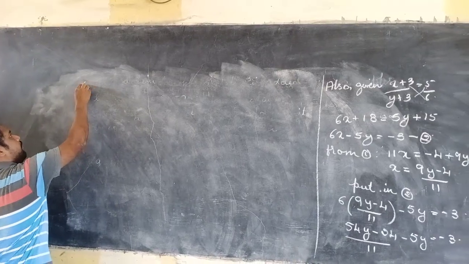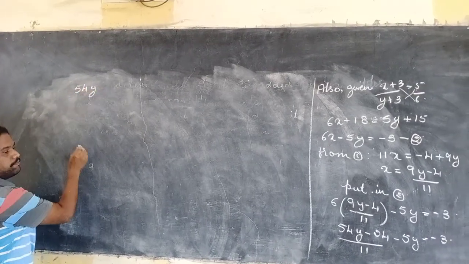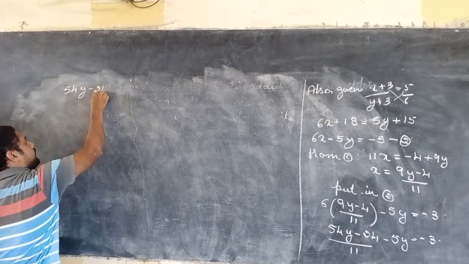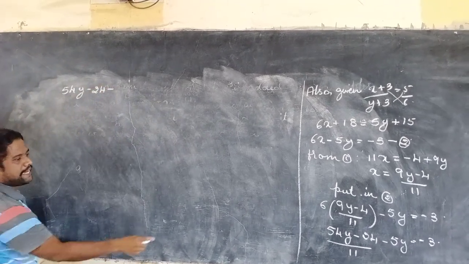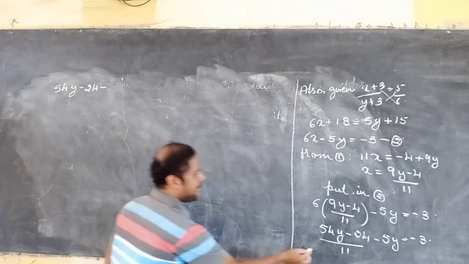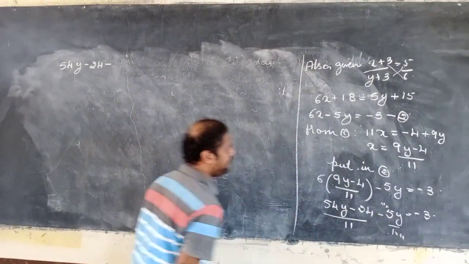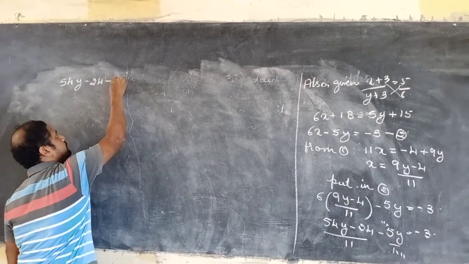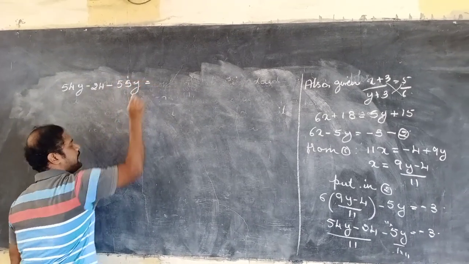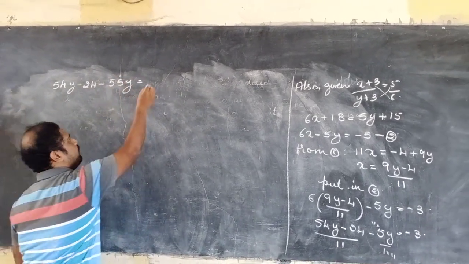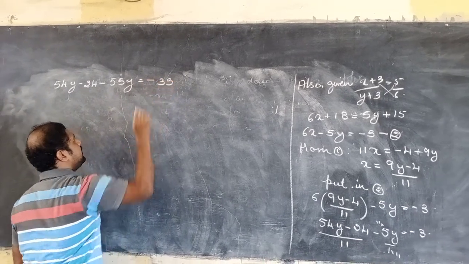So that we have 54y minus 24, taking the common denominator 11, minus 55y is equal to 11 transposed, which becomes minus 33.